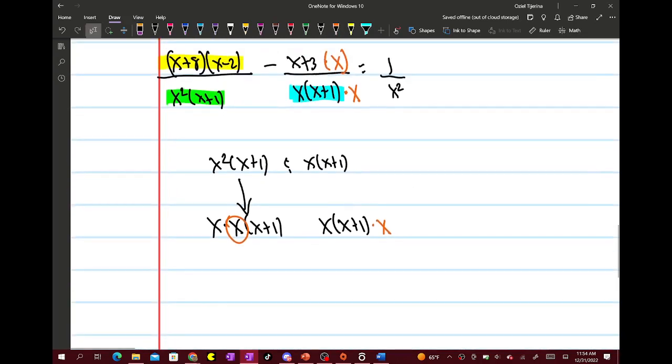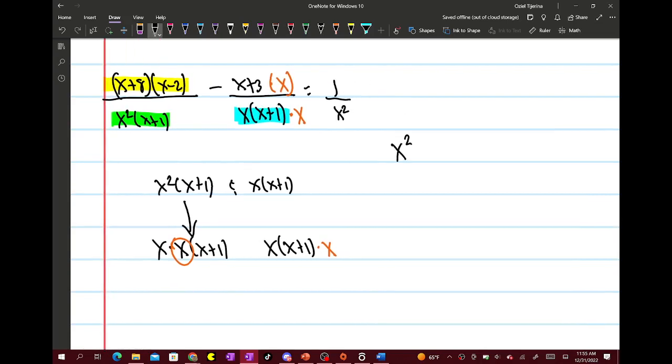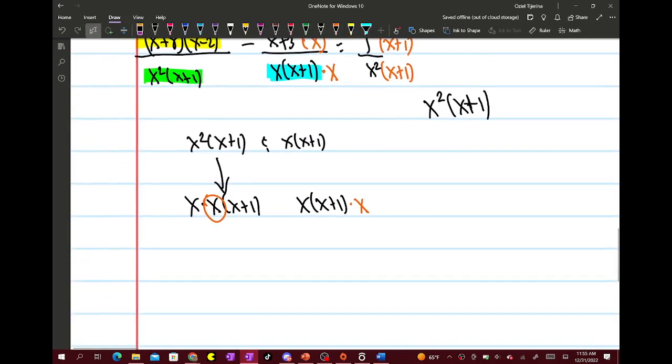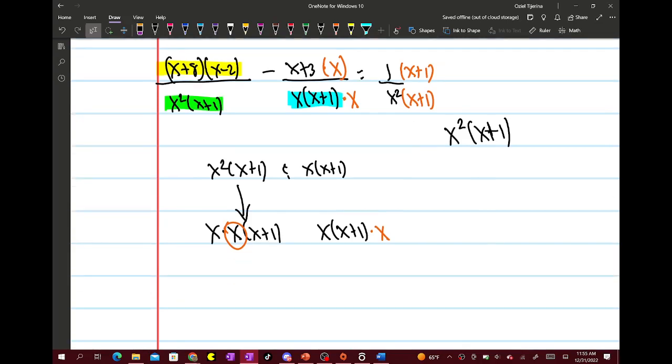Another thing is that on the right side, where it says x squared, the common denominator is going to be x squared times x plus 1. So all you have to do is multiply times x plus 1 on top and bottom. That way you have all the terms you need for the common denominator.